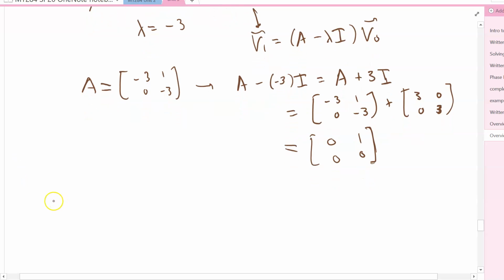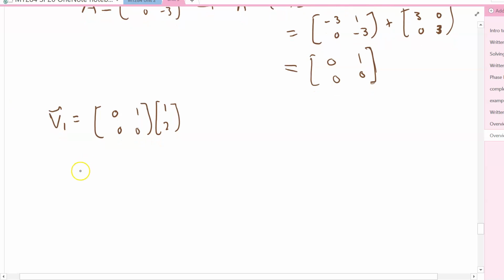All right, so what is V1? V1, remember, is A minus lambda times the identity. We just figured that out. So for us, it is the matrix 0, 1, 0, 0 times our initial condition vector, which is the vector 1, 2. Okay, and just to recap, remember how we a lot of times do this multiplication.